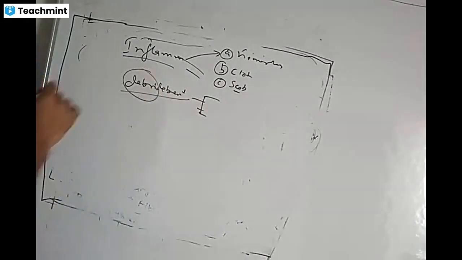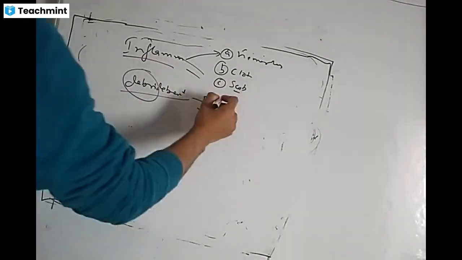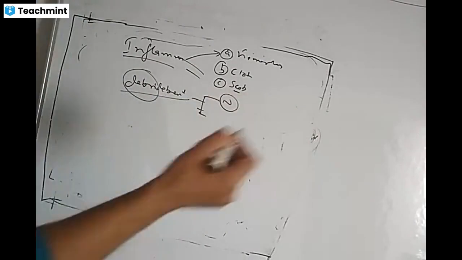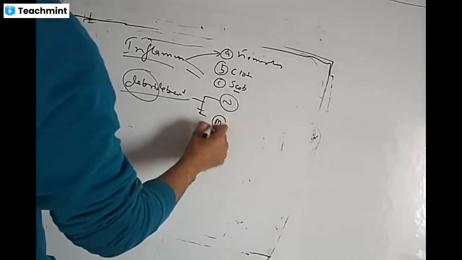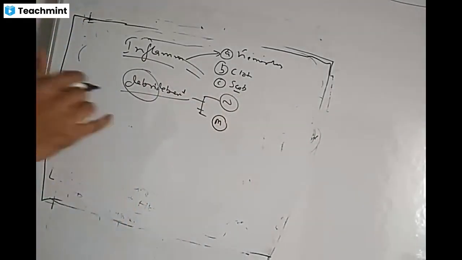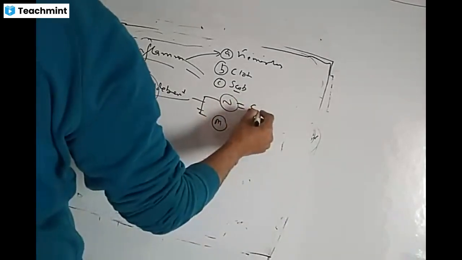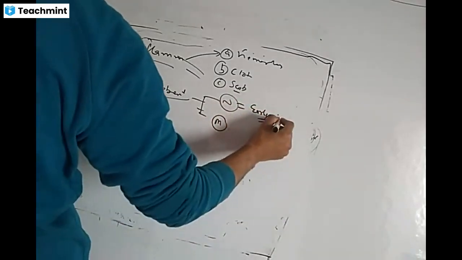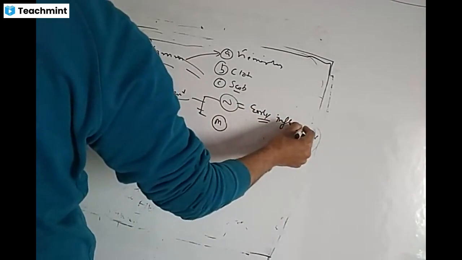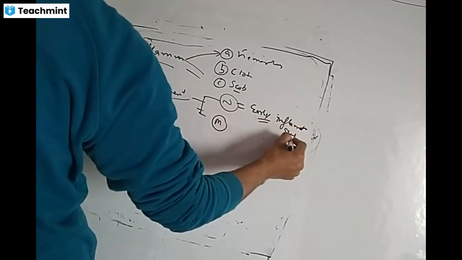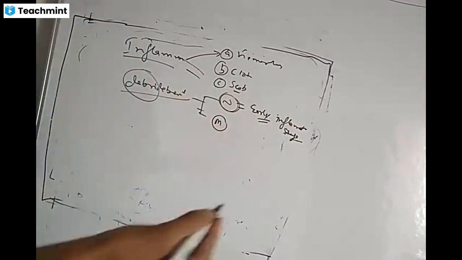In the name itself, debride means remove the debris with the help of early cell, neutrophil, and later cell, monocyte. In some books, they write for neutrophil early inflammatory stage because they come early.